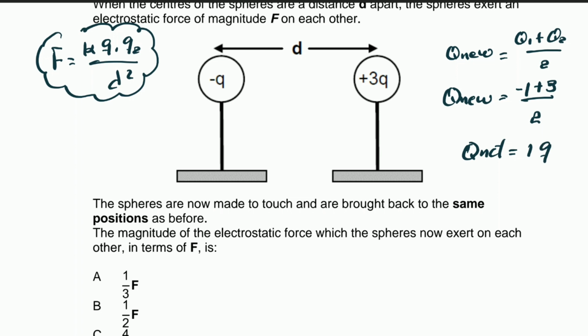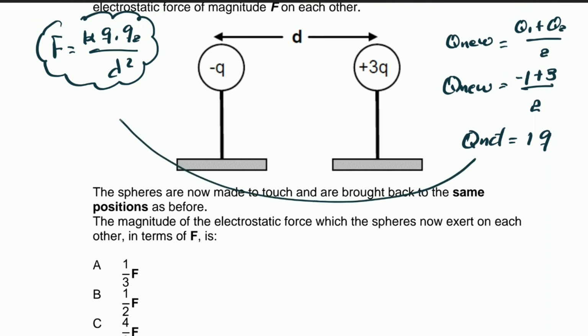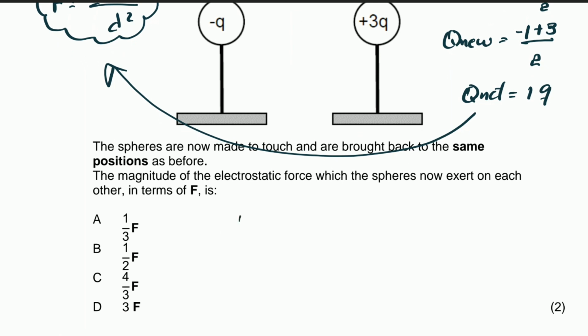So now we're going to substitute in the formula of Coulomb's law that we have. We say that F new, because it's the new force with the new charge, is going to be equal to K. Now, what happened to Q1?